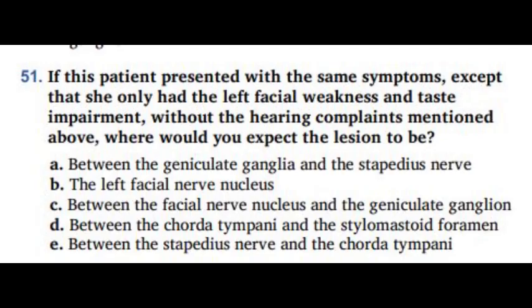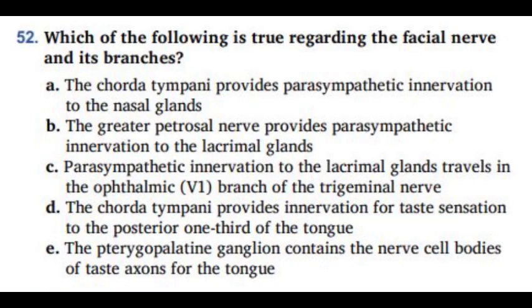So, for question number 52, which of the following is true regarding the facial nerve and its branches? Okay. A, the caudal tympanic provides parasympathetic innervation to the nasal gland. That is false. The caudal tympanic provides sensation, it actually carries afferent signals from the anterior third of the tongue.